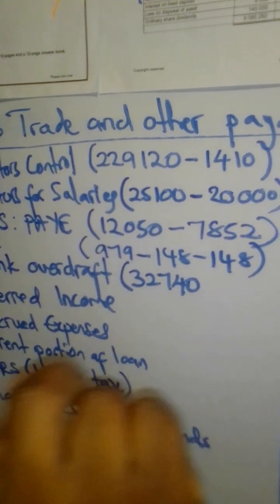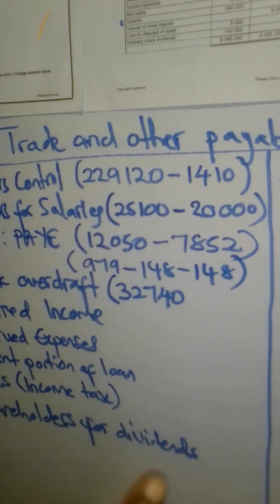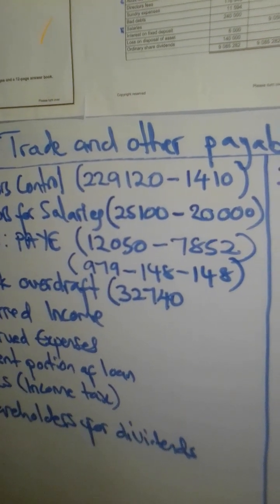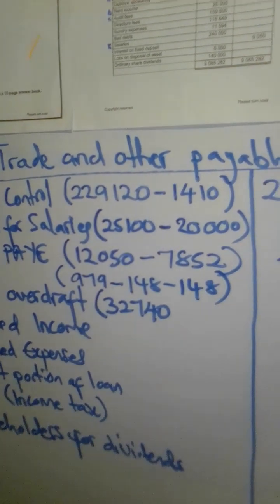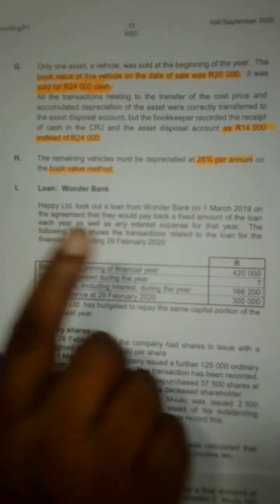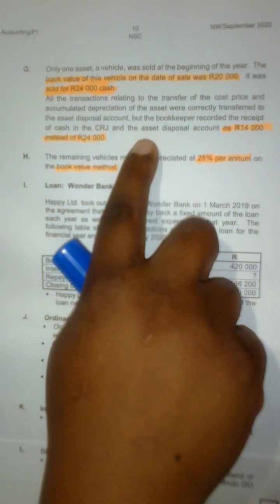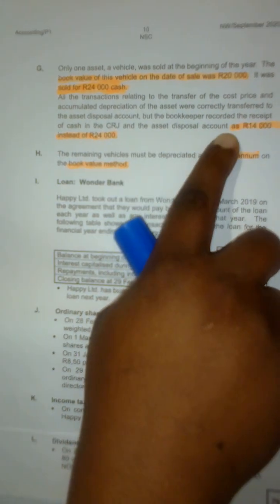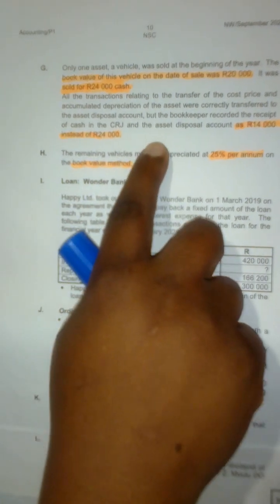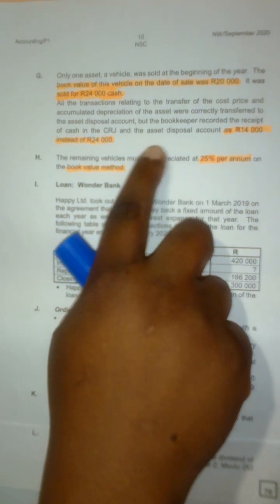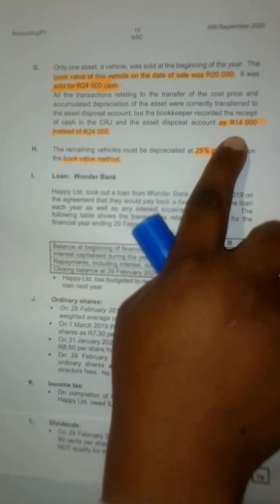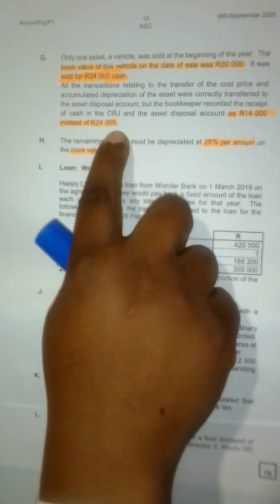But there is something that affected our bank. If you still remember the other adjustment that we looked at, adjustment number G, the one that looks at the asset disposal. Remember this error: the bookkeeper recorded the receipt of cash in the CRJ and asset disposal account as 14,000 instead of 24,000.